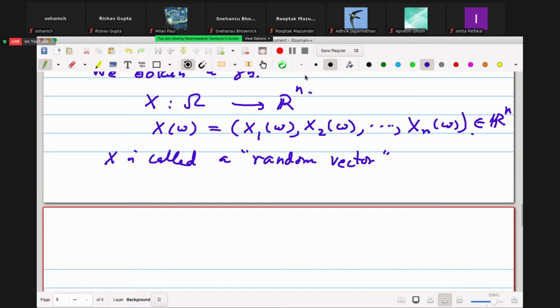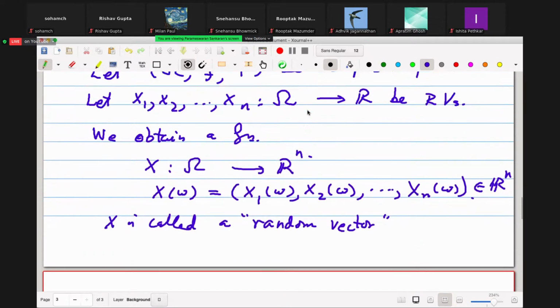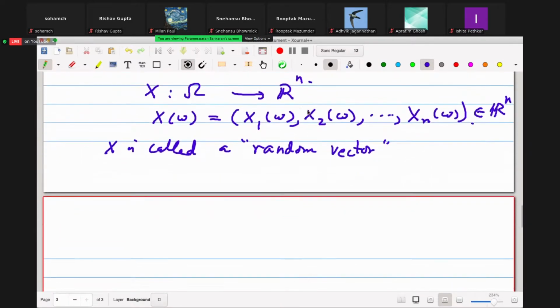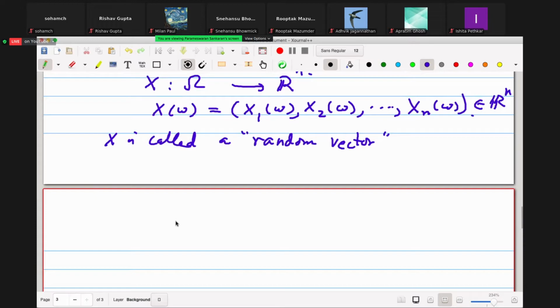Instead of taking values in R, it takes values in Rn. But the way I have defined it, it is automatic that this is actually a random vector. More generally, I can start with any function from omega to Rn. Corresponding to each omega, I have some vector X of omega.